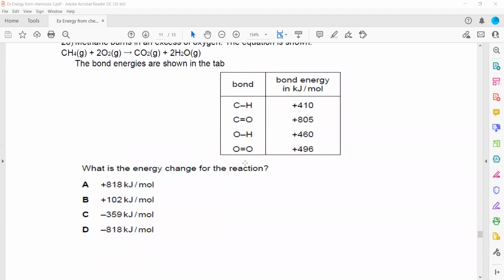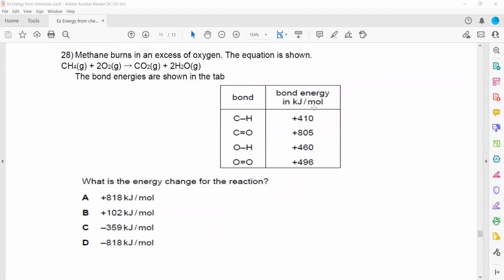So another question, we have to calculate the energy change.